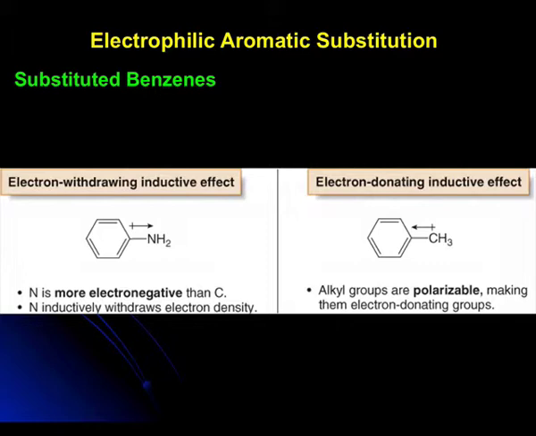We know that the methyl group inductively donates electrons through hyperconjugation. You'll remember that in terms of carbocation stability. So it's an inductive electron donating group to have an alkyl group. So alkyl groups will activate the aromatic ring, and electron withdrawing groups will deactivate the aromatic ring.